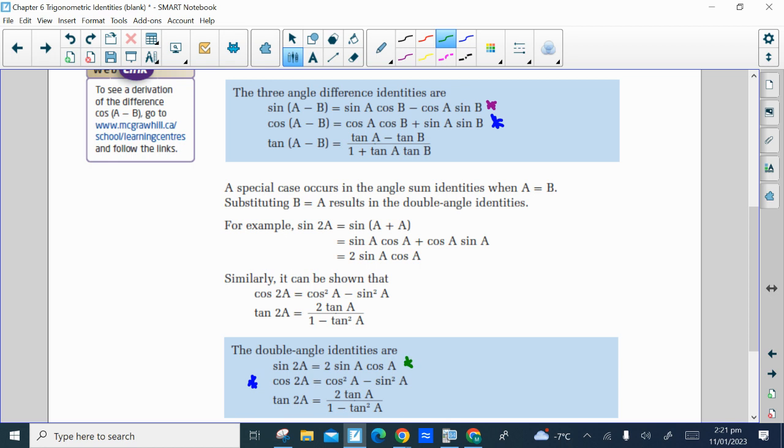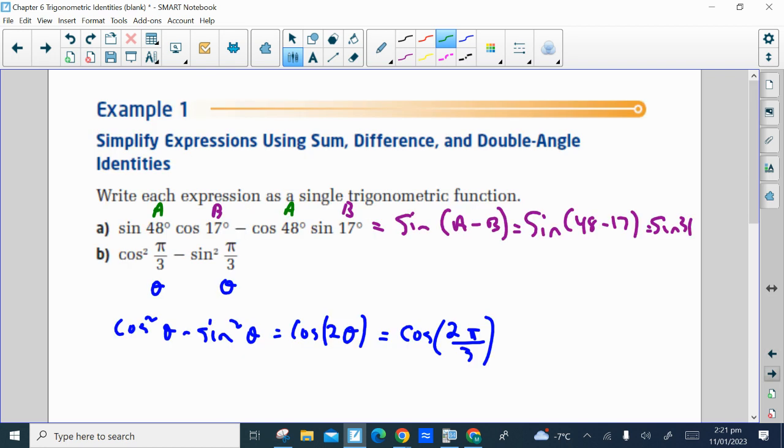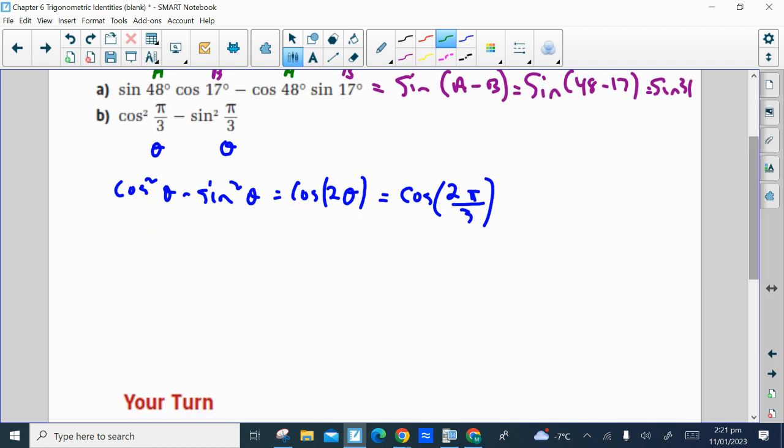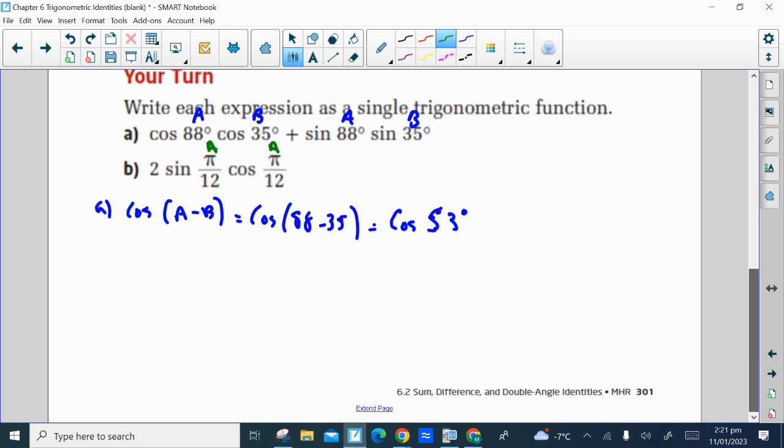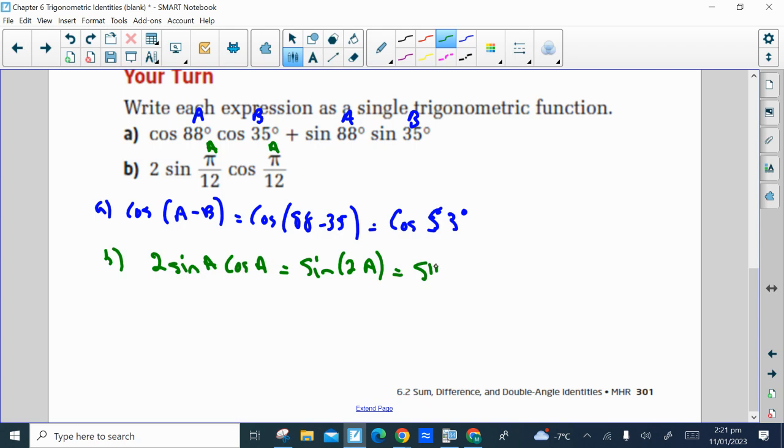Sine of 2A equals 2 sine A cos A. So for question B, 2 sine A cos A equals sine of 2A. And in this case here, our A value is pi on 12. So it'll be 2 times pi over 12, or pi over 6 when you reduce.